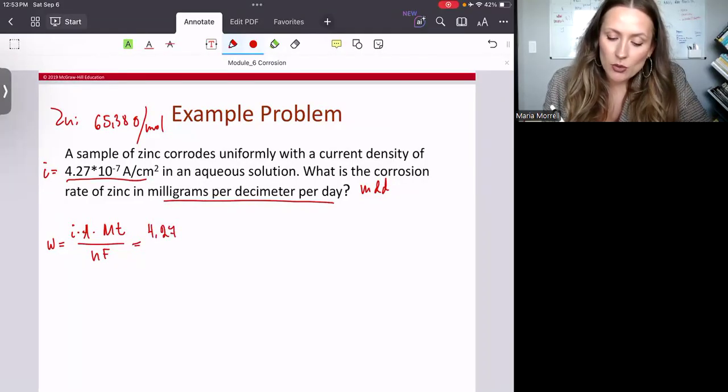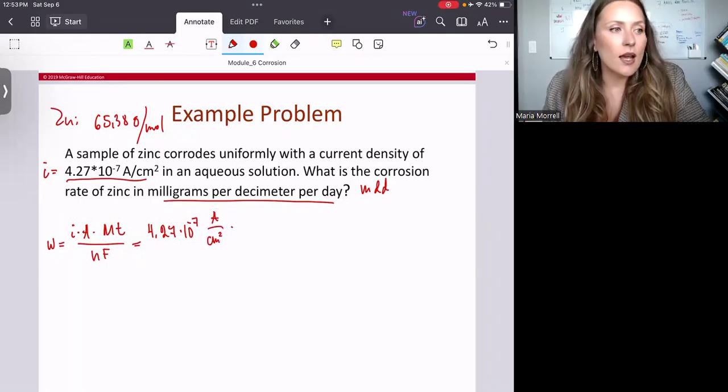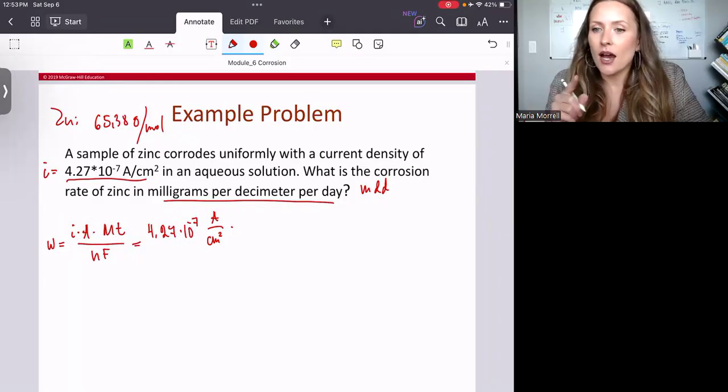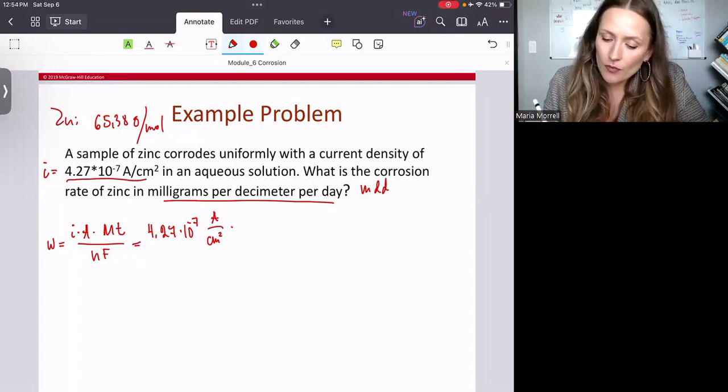Okay, now let's plug in everything we know. We have 4.27 times 10 to the power of -7 amp per centimeter squared, times the area. Well, since I need to find the rate in MDD, I can actually use right away the area of 1 decimeter squared.